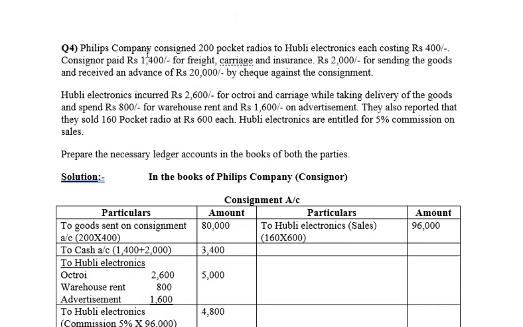Next thing is the consignor paid. Consignor is nothing but the owner. Consignor paid rupees 1,400 for freight and carriage and insurance rupees 2,000 for sending the goods.